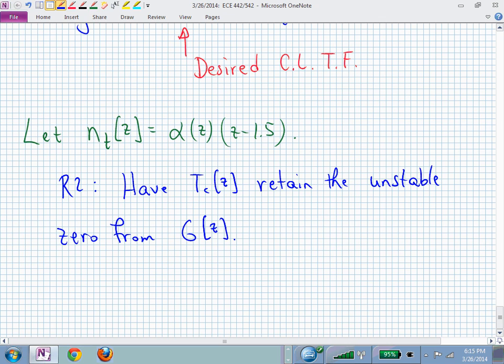And we've barely started. We kind of have half of an idea what the numerator looks like. We might want to know what the denominator looks like. And somebody might have to guide us. They might say, I want a percent overshoot of 35% or less. Maybe I need a settling time of so much, or a peak time of something. That's going to give you some guidance as to what you want your denominator to look like.